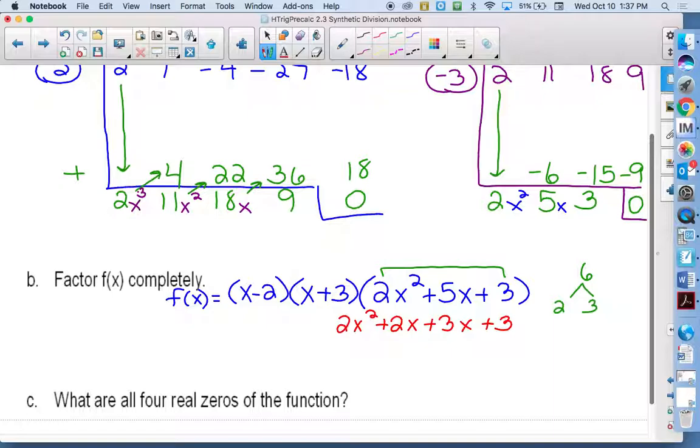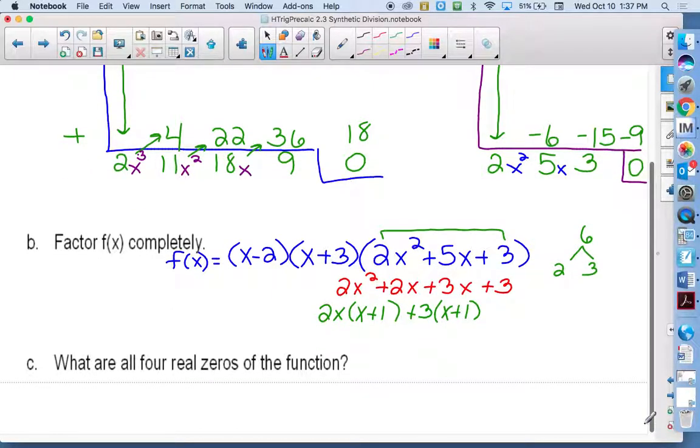And then pull out what the first 2 have in common, pull out what the second 2 have in common. And then group the pieces together. So our factored polynomial would be x minus 2, x plus 3, 2x plus 3, and x plus 1.